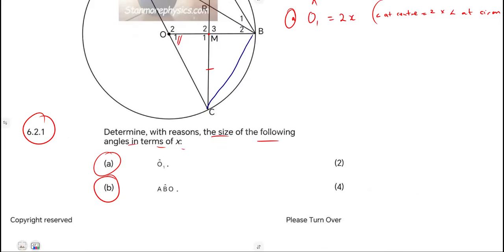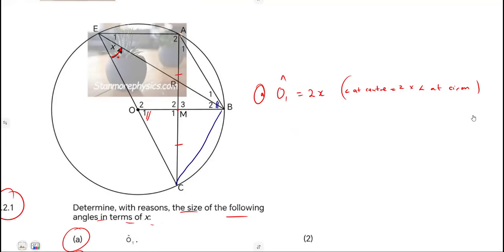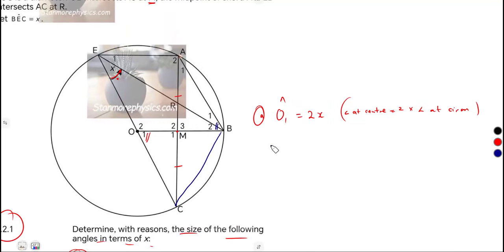Then angle ABO, from A to B to O, which is B1 and B2 combined. That is the one that we are actually focusing on as our angle. All right, so that's the one that we need, ABO.